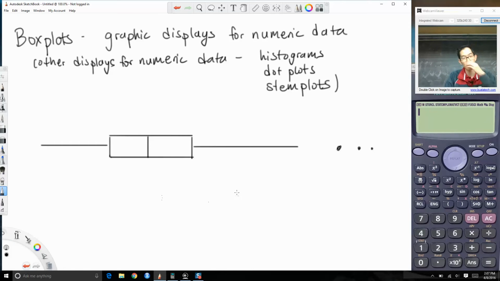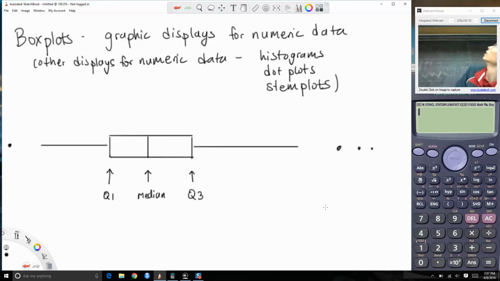Maybe you'll have an outlier down here or something. Actually, let's get rid of this thing. The box is defined by 3 lines: Q1, the median, and Q3.